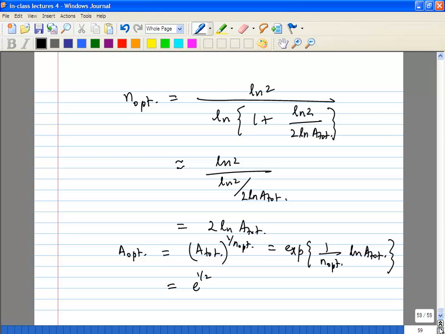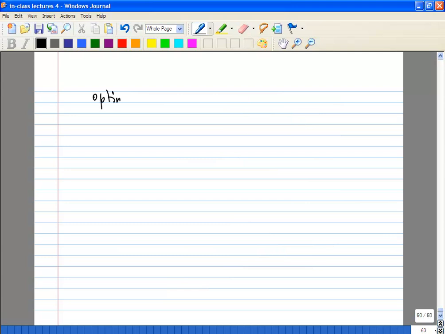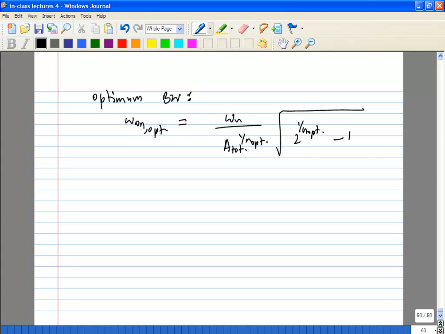What is your optimum bandwidth? So you just put in n equals n naught inside the equation. So this A opt whole power 1 over n naught is nothing but root e.